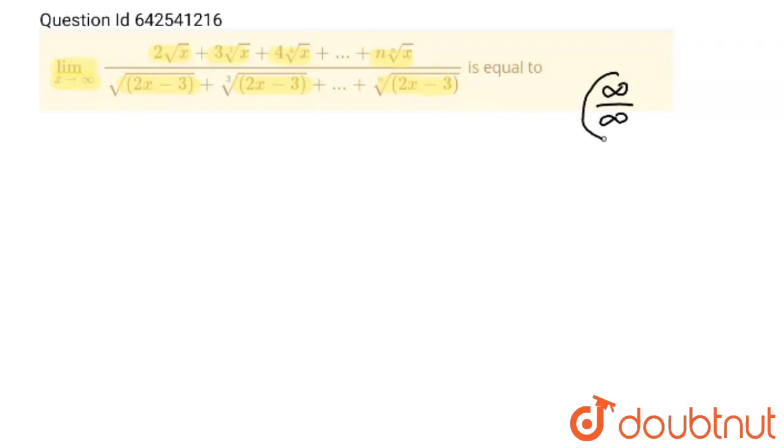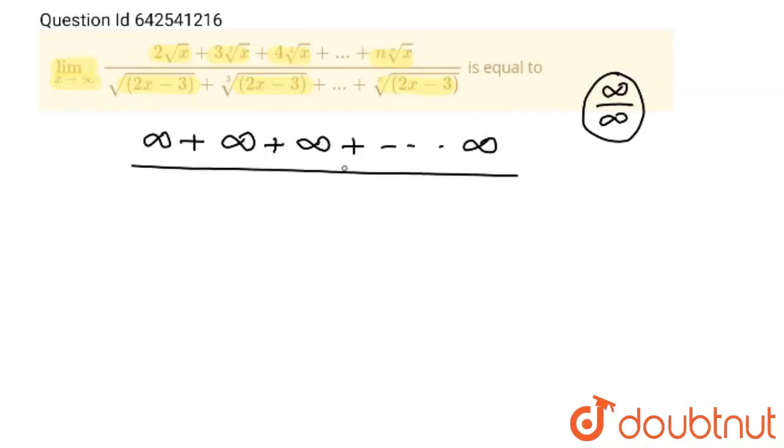So what exactly do I know in infinity by infinity? See, here many terms in the numerator are infinity, and similarly in the denominator many terms are infinity.